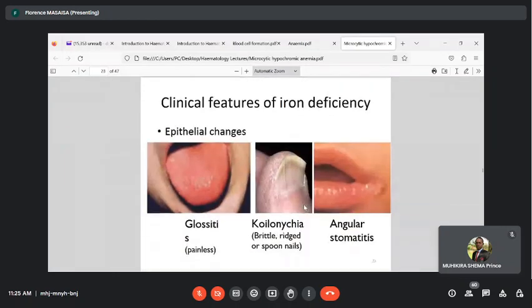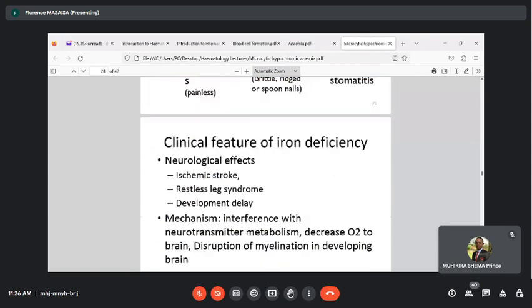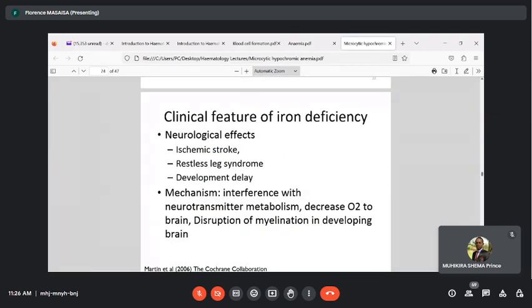So this is glossitis. You have also koilonychia, which is here, spoon-shaped nails. They have also angular stomatitis. They may also have neurological effects like ischemic stroke, restless leg syndrome, and developmental delay.